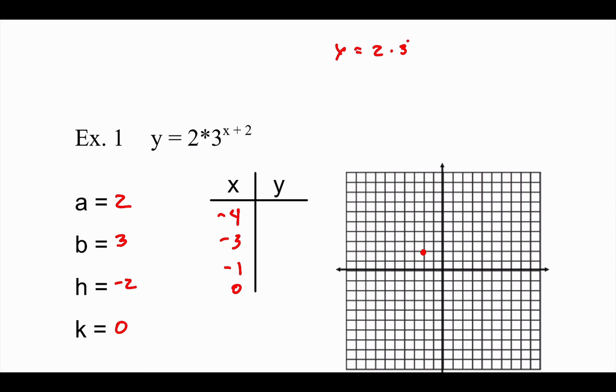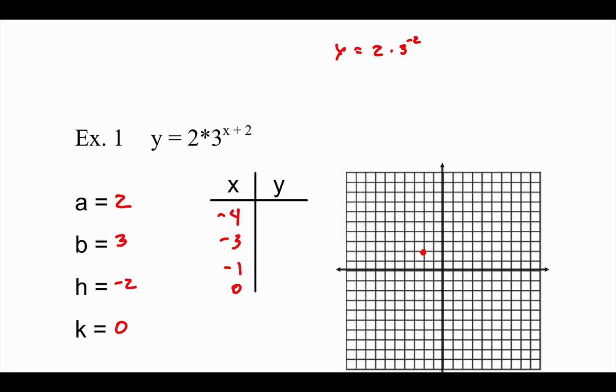Negative 2. So we end up with 3 being raised to the negative 2nd power. You get negative 2 as an exponent. So now we evaluate. Remember order of operations. We take care of the exponents first, parentheses, all that kind of stuff. Just remember back to PEMDAS again, way back when.